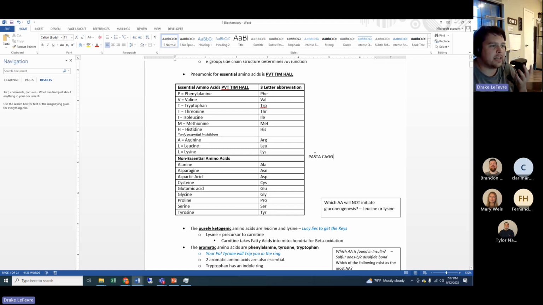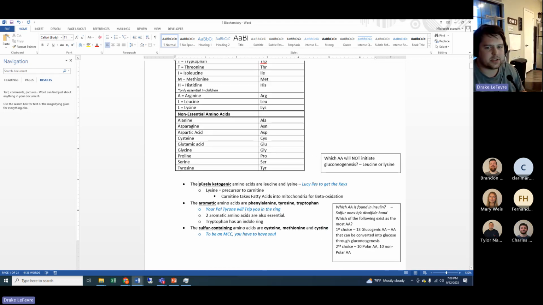If you can think, oh, pasta cage, and you go through it and valine is not on there, you get it right there. You don't have to have every single one perfectly memorized with perfect recall. You can remember some of the mnemonic devices to help you get through that.